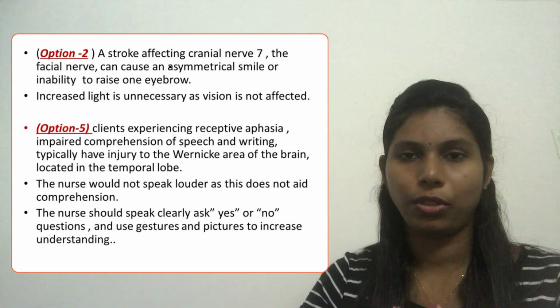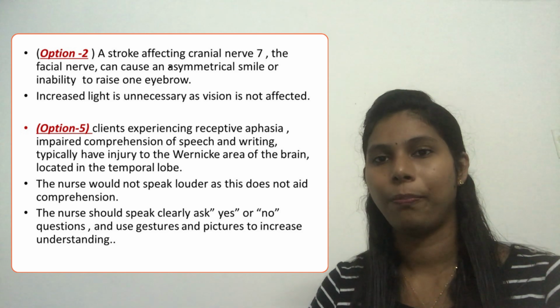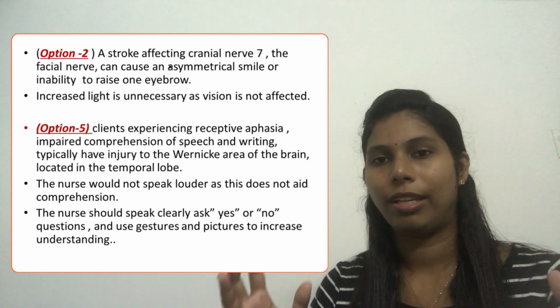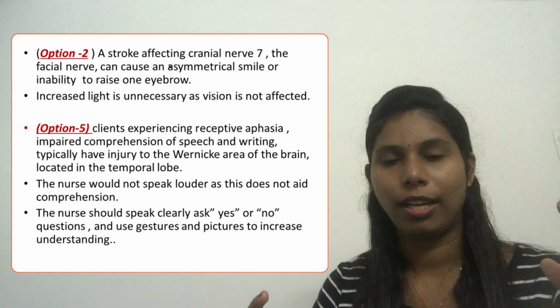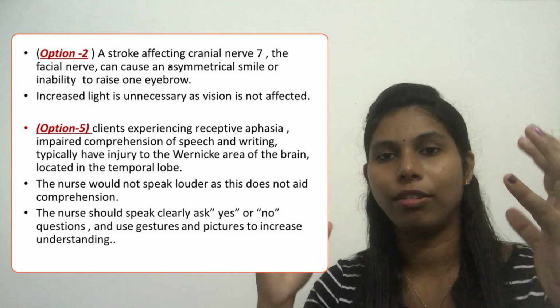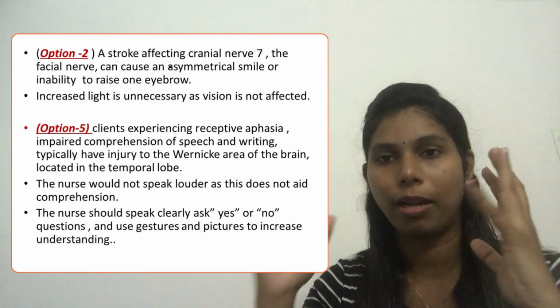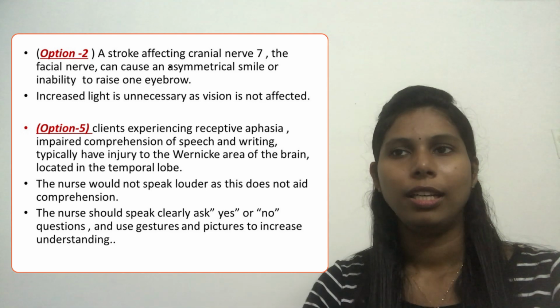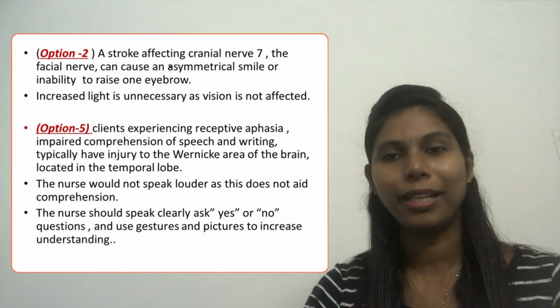So what is the function of the occipital lobe? That is vision. If you know the function, where it is located, and the main impaired mechanism if something happens, that will help us pick the answer correctly.